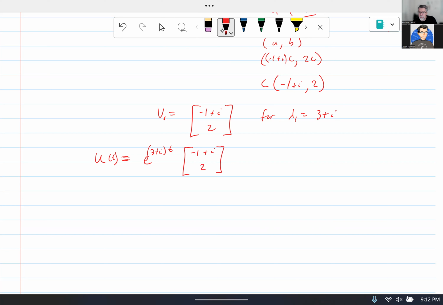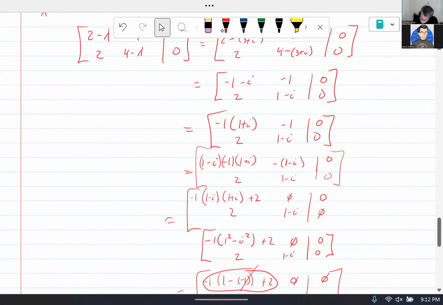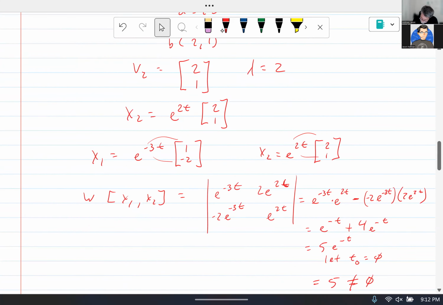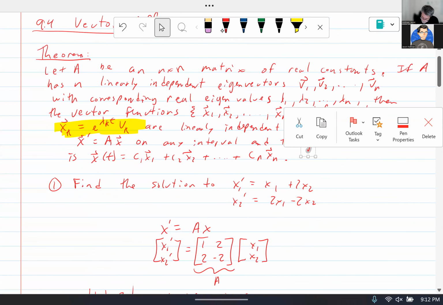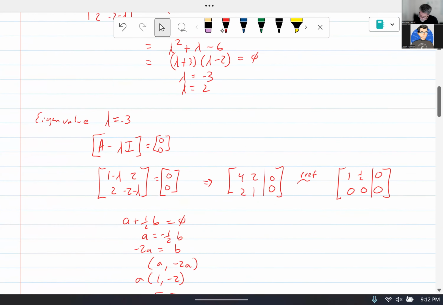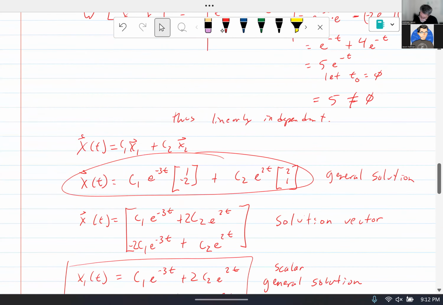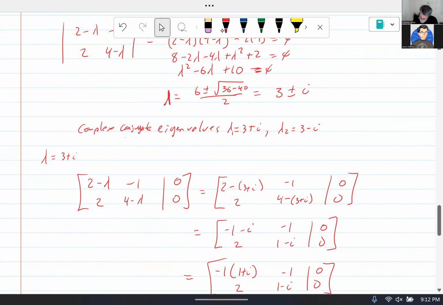Now what we can do with this just goes back to our theorem at the very beginning. We had x of k equals, but it's really not going to be x of k, because we're going to actually end up with two vectors here out of this one eigenvalue. That's why we call it u instead of x, because it's not x1 or x2 yet, but I'm going to pull x1 and x2 out of this.